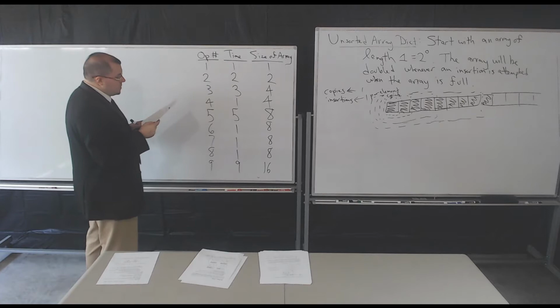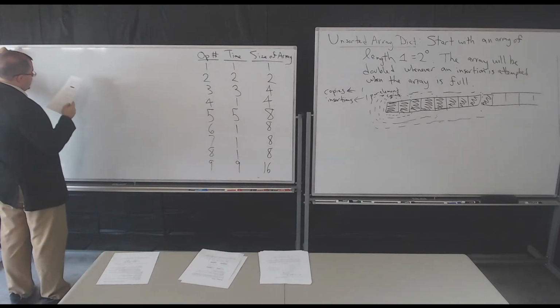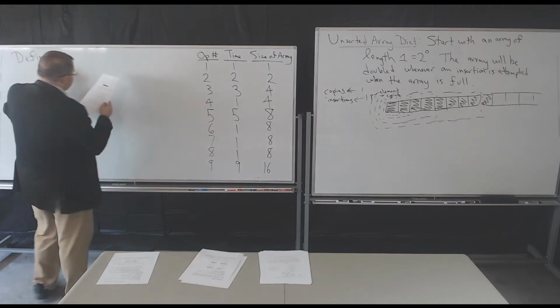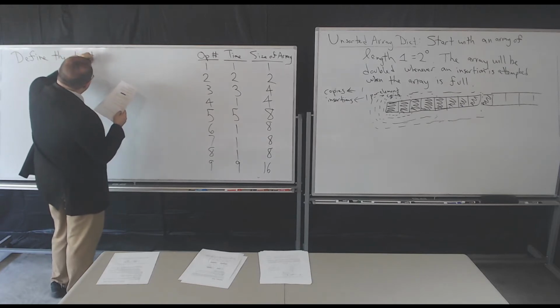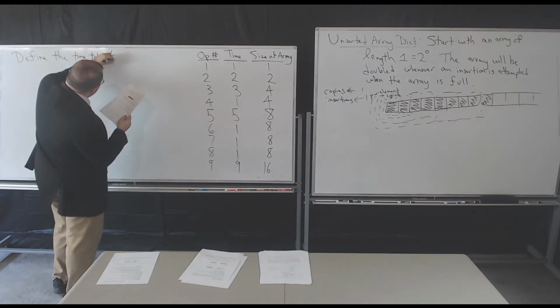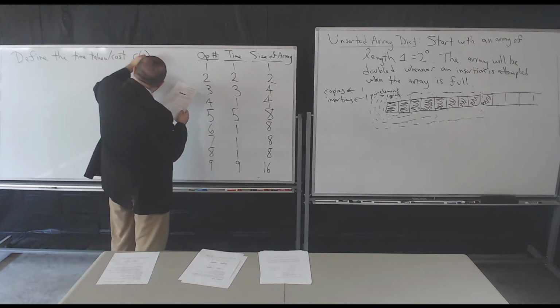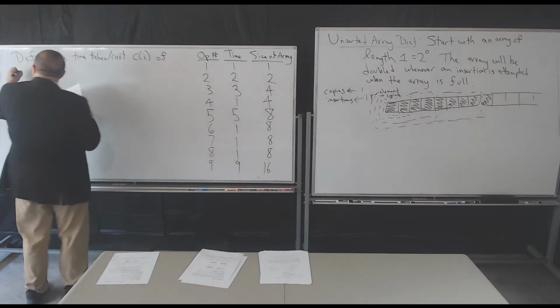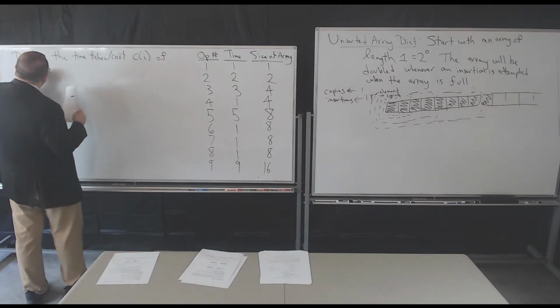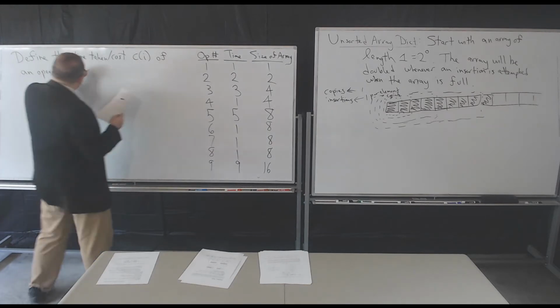Okay? So what we're going to do is we're going to define the time taken, or cost, C of I, of an operation I as follows.